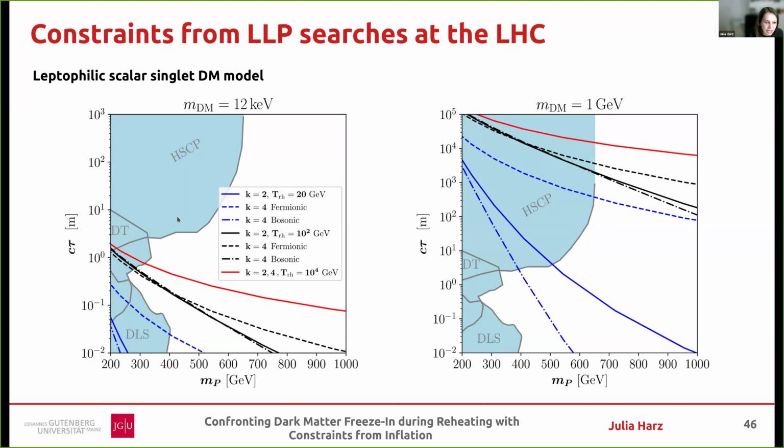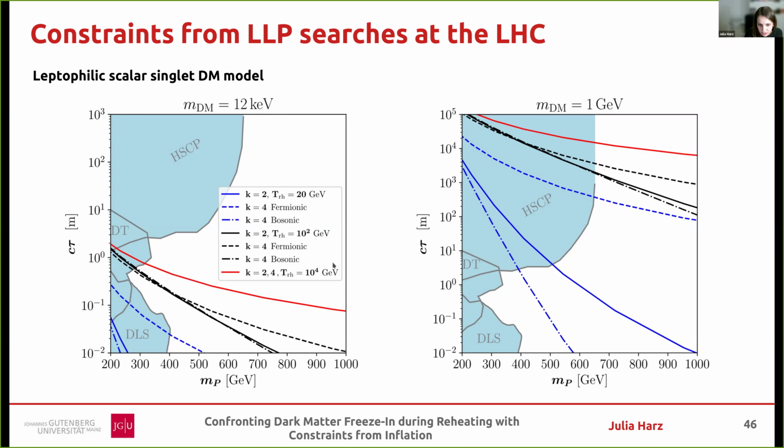Here are the three searches that I just mentioned: heavy stable charged particles, disappearing track, and displaced lepton searches. And then the lines show where you get the right relic abundance, depending on the different scenarios.